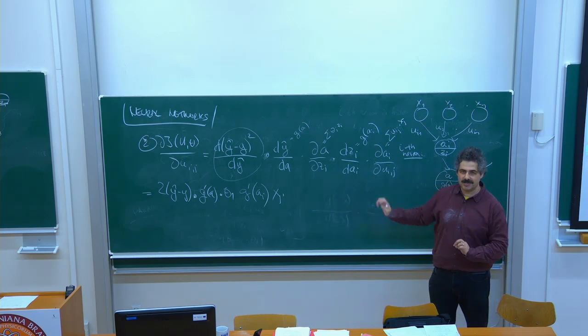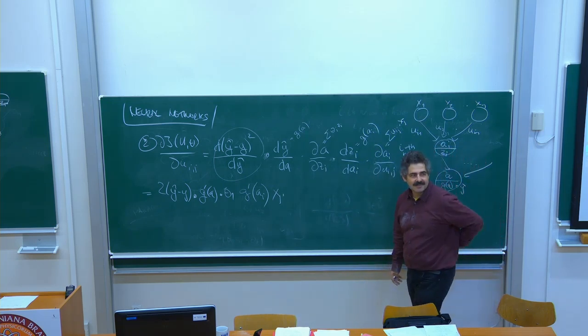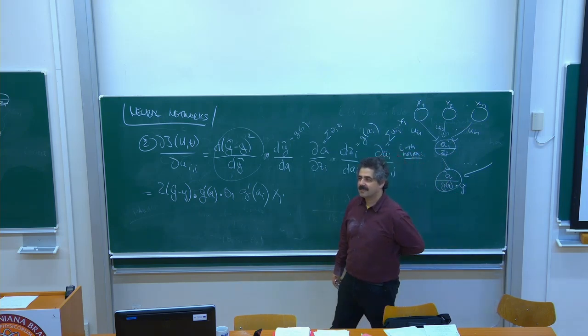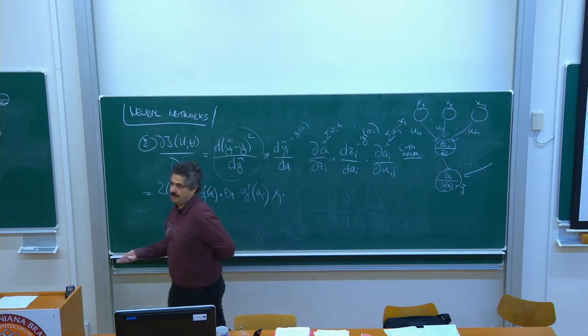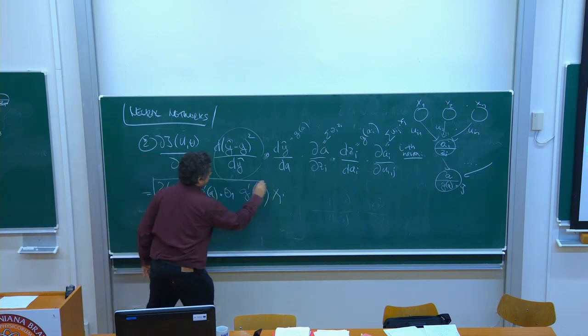So I have hidden one chain rule in there. Okay, any other questions? It's really simple, more or less, with the right notation. Okay, so what did we get?